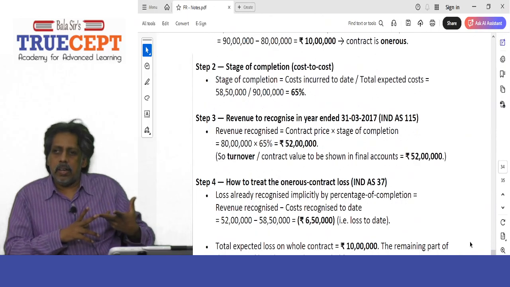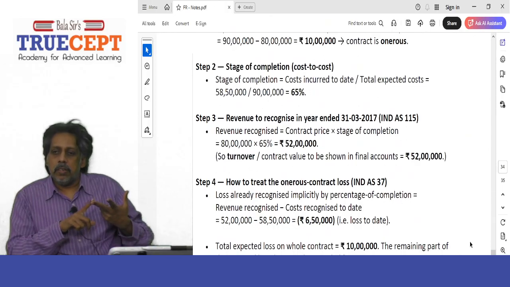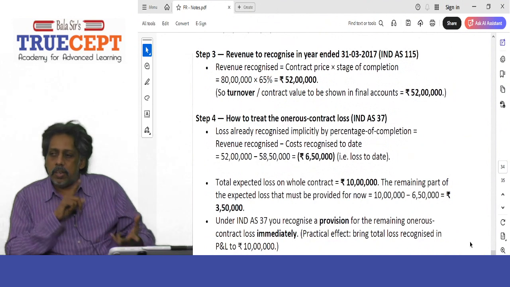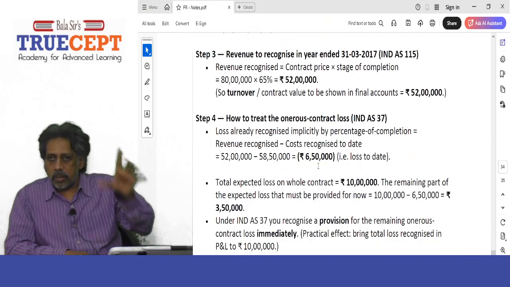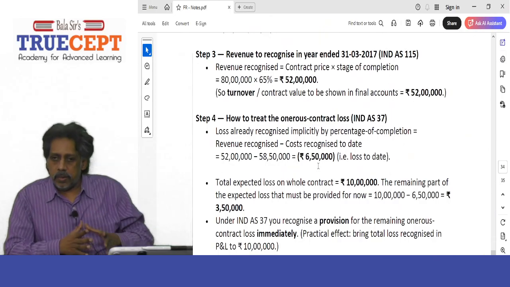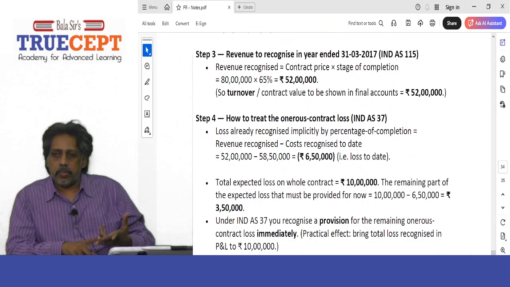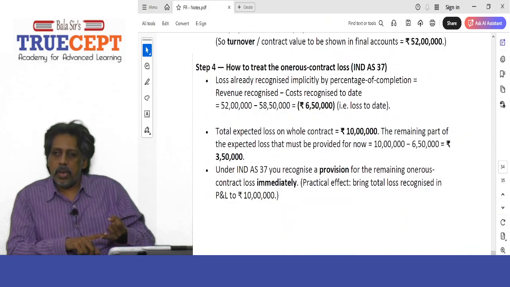Now what is the loss already suffered by the company in the current year? You can check that. Now what is the revenue booked? 52 lakh. And what is the cost incurred to date? 58 lakh, 50,000. That means rupees 6 lakh and 50,000 is a loss already suffered by the company, right? But what is the total loss expected on the contract? 10 lakh rupees. That means another 3 lakh and 50,000 is a loss expected, and you are supposed to make a provision for rupees 3 lakh and 50,000.